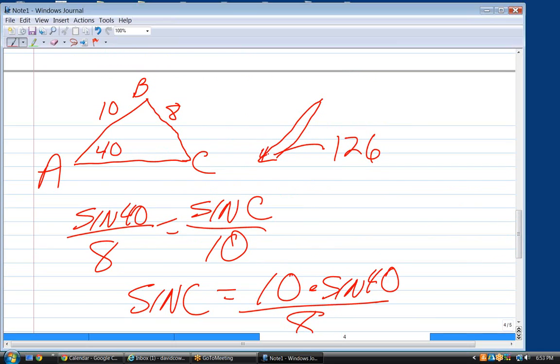This one's 40. If the sum of this angle and this angle is less than 180, then you can have this situation. If the sum of this angle and this angle is greater than 180, then you can't have this situation. And that's how you decide whether you have the ambiguous case of the law of sines.